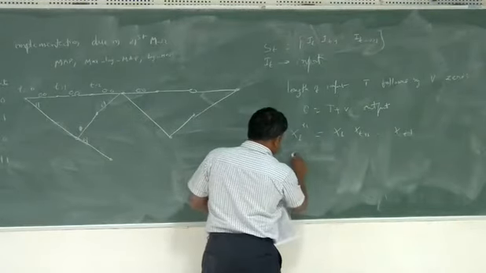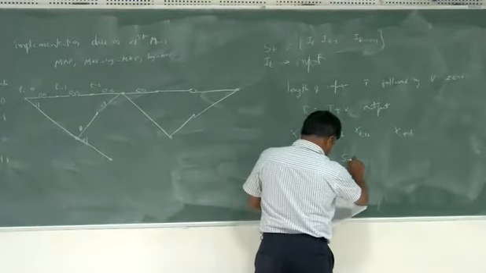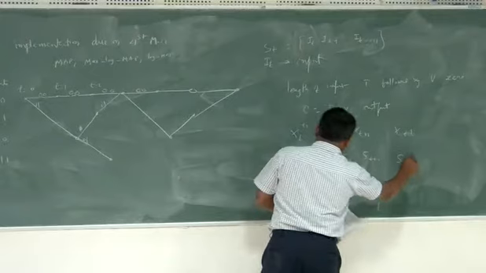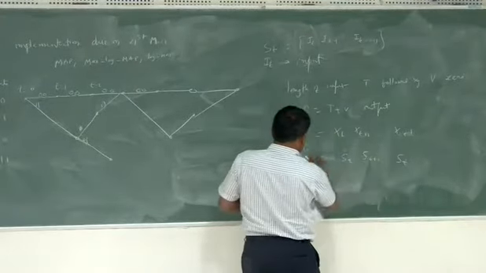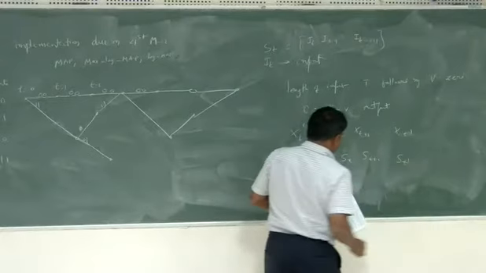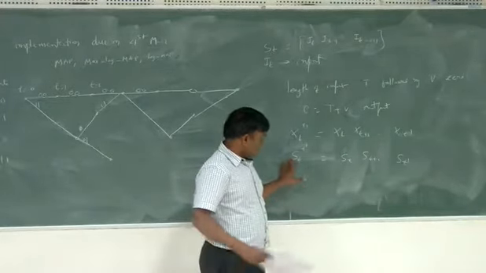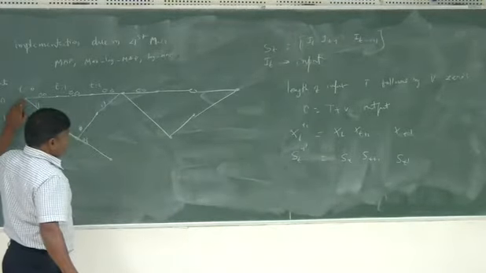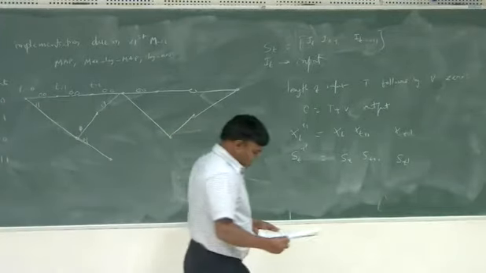We also have s of t to t prime, s_{t+1} all the way to s_{t'}. These are the states associated with each time t to t prime.